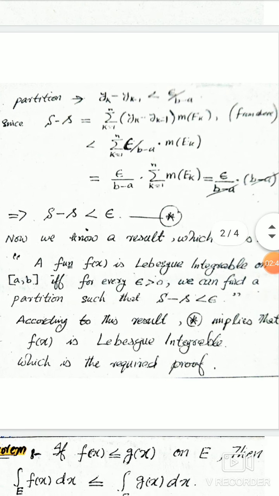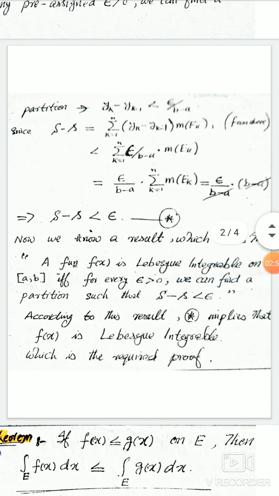Now we know a result which states that a function f(x) is Lebesgue integrable on [a, b] if and only if for every epsilon greater than 0 we can find a partition such that capital S minus small s is less than epsilon.